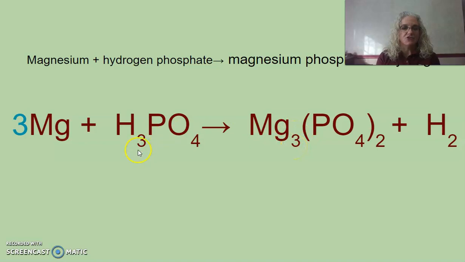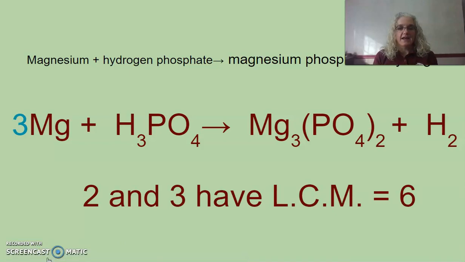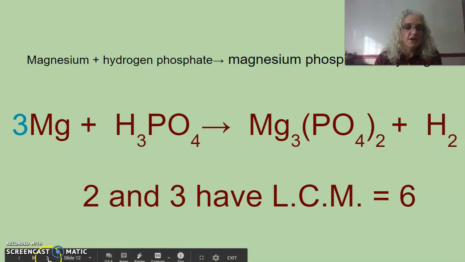Next, I'm going to hydrogen. Hydrogen, there's 3 on the left side and only 2 on the right. So we're going to recognize that hydrogen has the 2 on one side, 3 on the other, and they have the least common multiple of 6. So we're going to try to get 6 hydrogens on each side. We do this by putting a coefficient in front of each chemical.